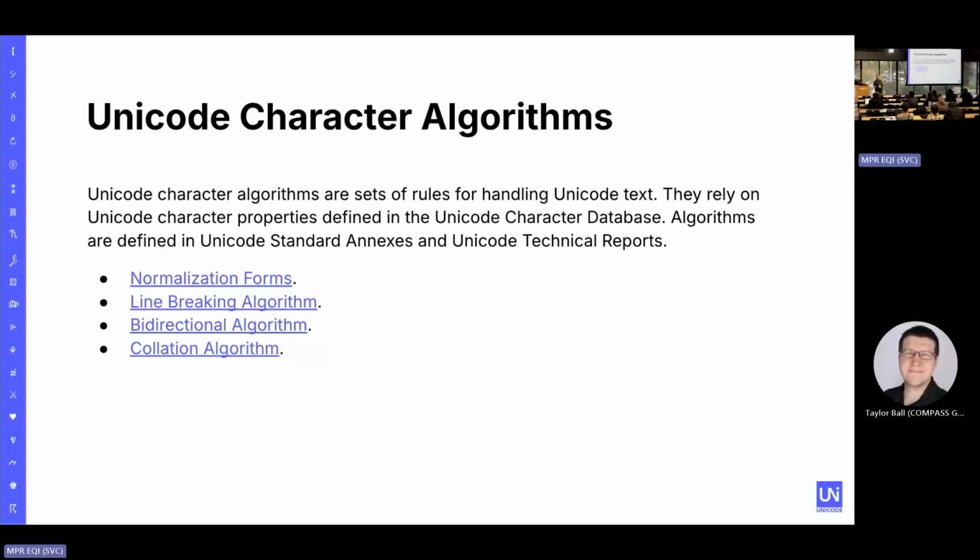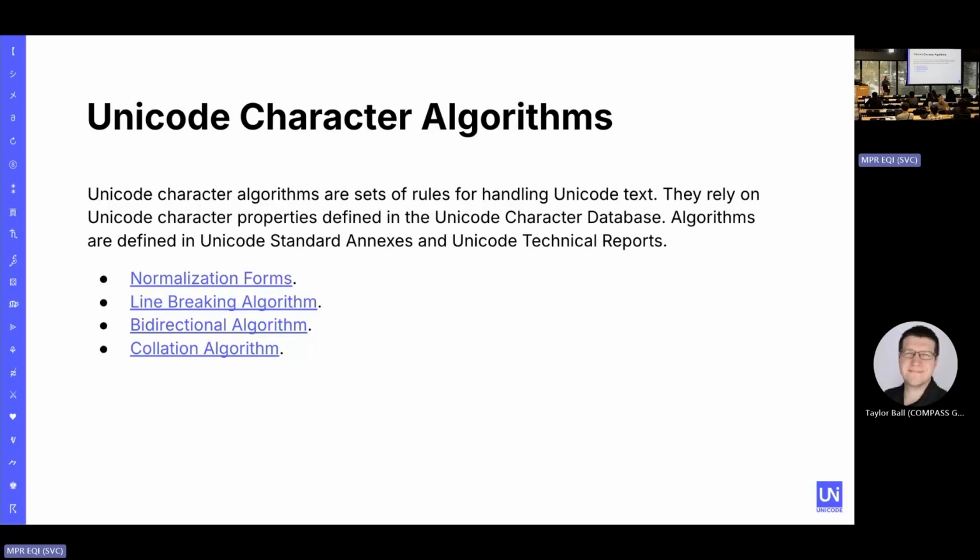Beyond this, there are character algorithms that have been defined through Unicode technical reports, which include annexes to the original Unicode standard that define things like normalization. If you have a character like an A with an accent over the top of it, that can be encoded either as a single character or as two characters that combine. And normalization is the process of going between those different representations.